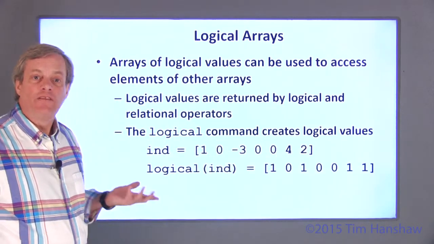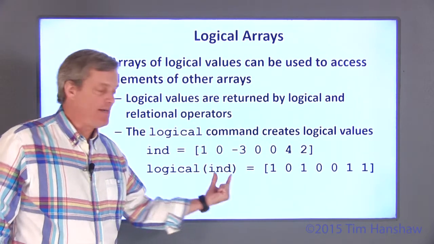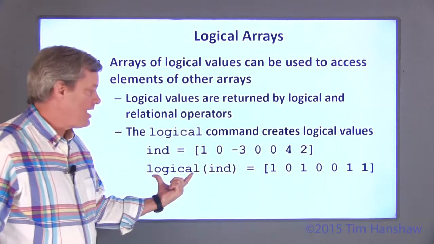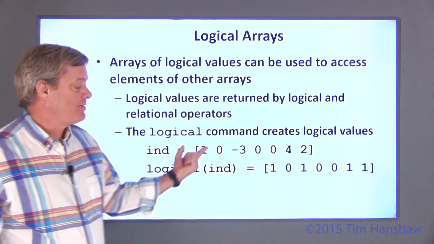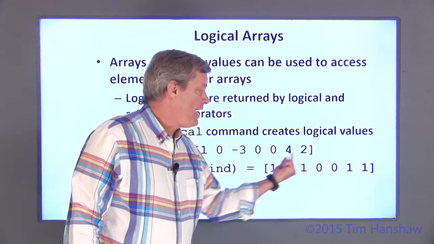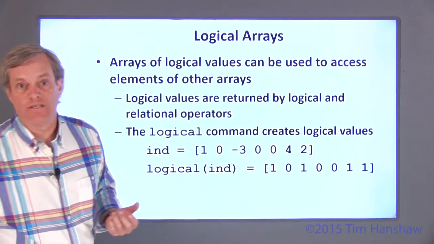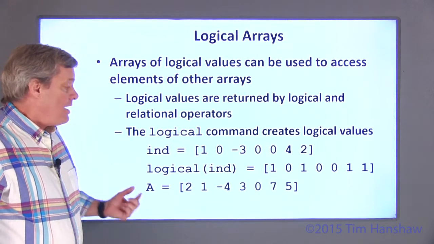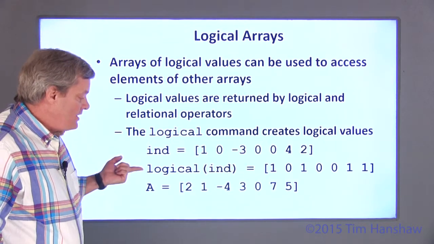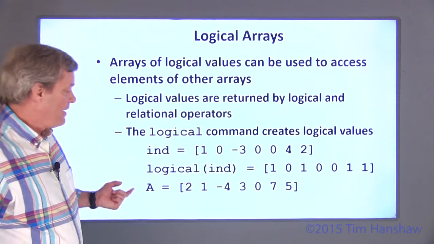I can convert these numbers to logical values by typing logical of IND. These values are sent to the logical command, and the logical command returns the logical variables corresponding to those. So any non-zero values are returned as 1s, and any 0 values are returned as 0s. Now let's take a look at using these values to access specific elements in this A array.